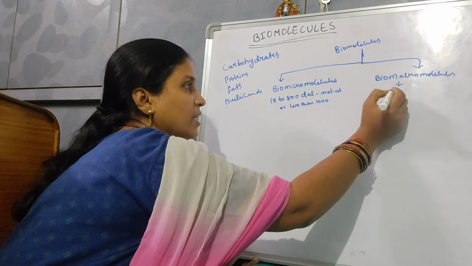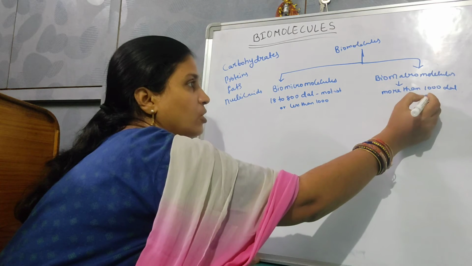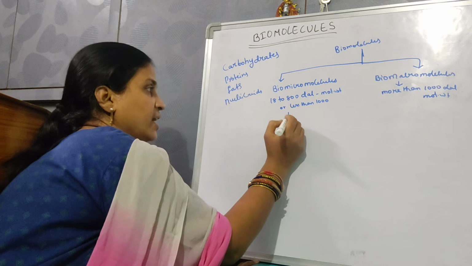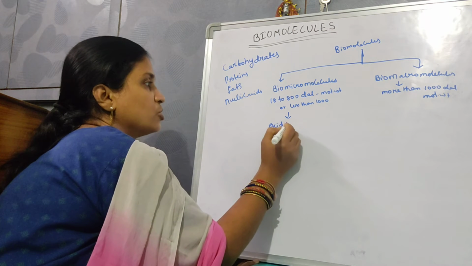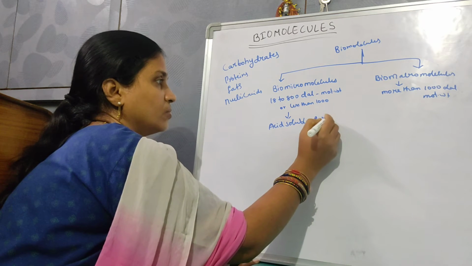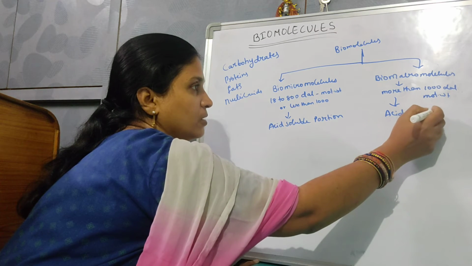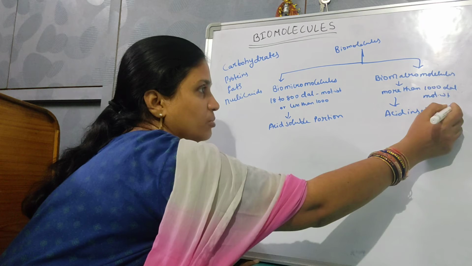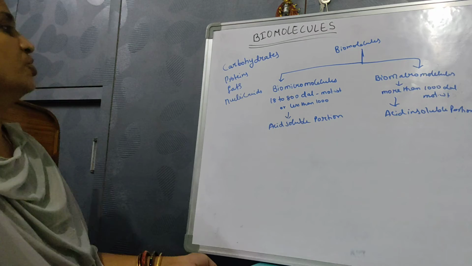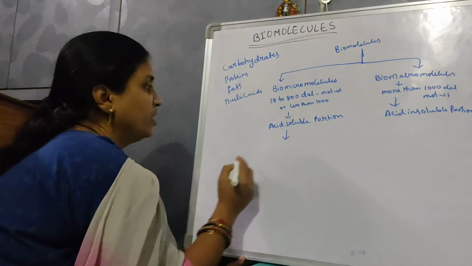Here, substances of more than 1000 Dalton molecular weight are included in macromolecules. Micromolecules are present in the acid soluble portion, and macromolecules are present in the acid insoluble portion.